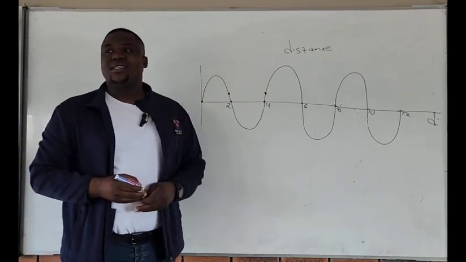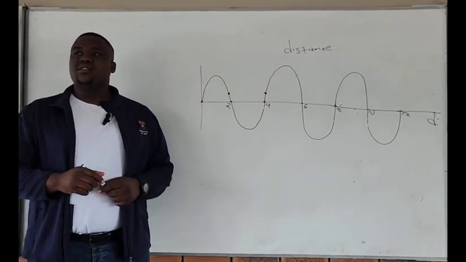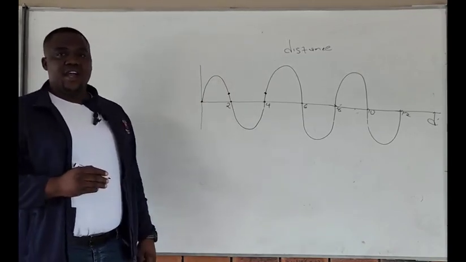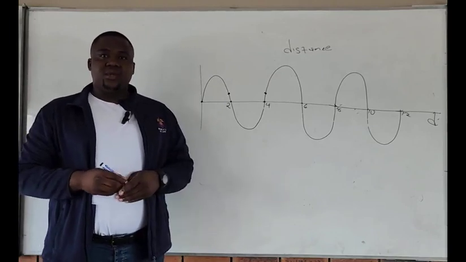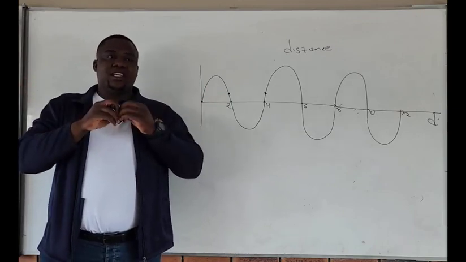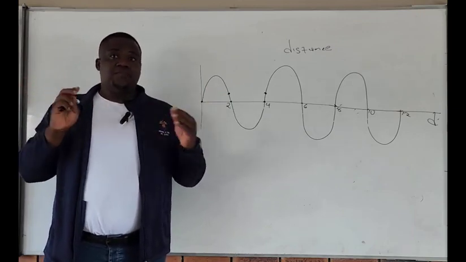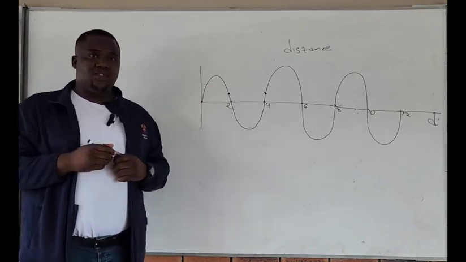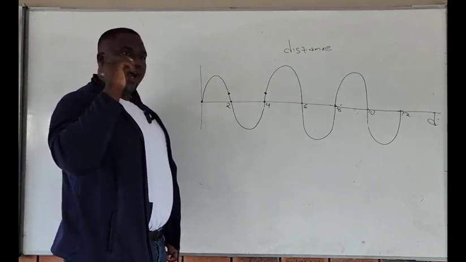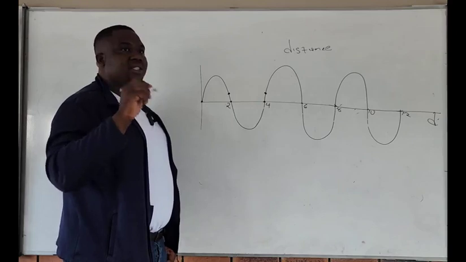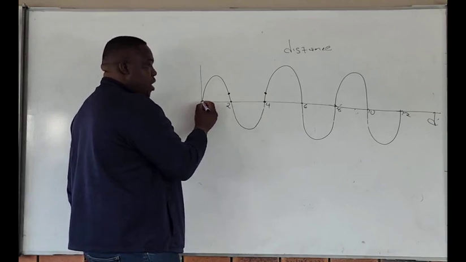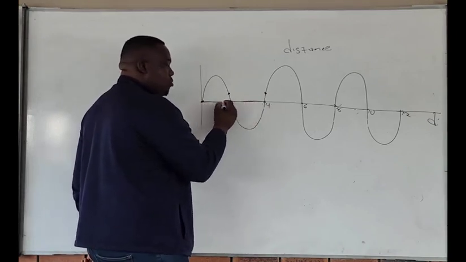The wavelength is the distance between two successive waves, meaning that for wavelength we're just measuring the length of one wave, the whole length of one wave. A wave must end where it started. One complete wave must end where it started. Meaning that if this wave starts here, it must end here. So one complete wave is this one.